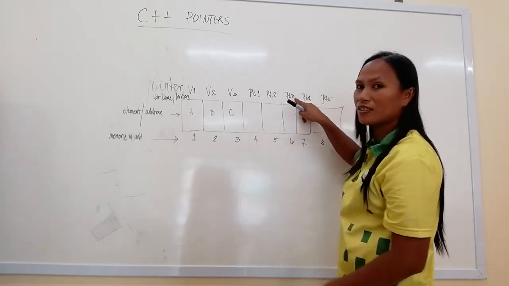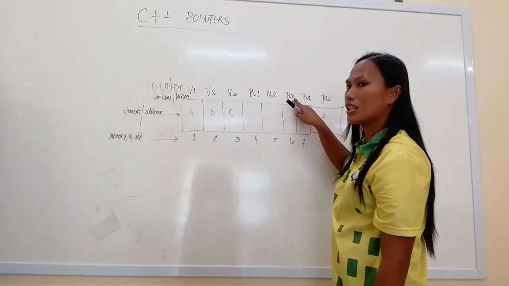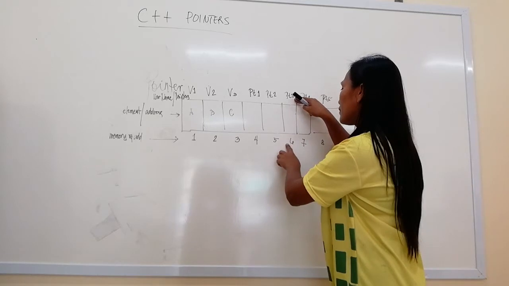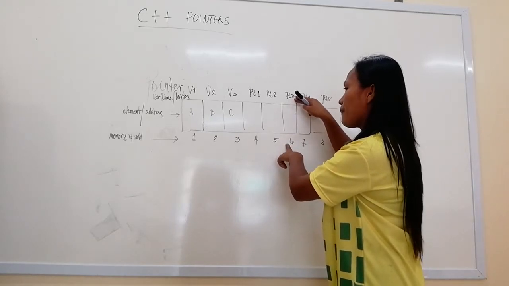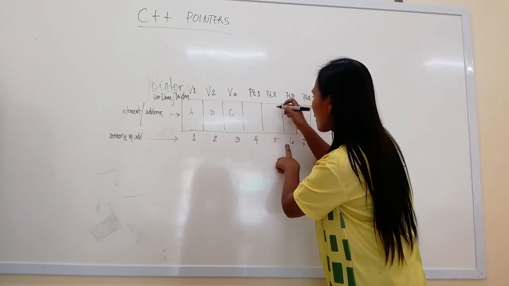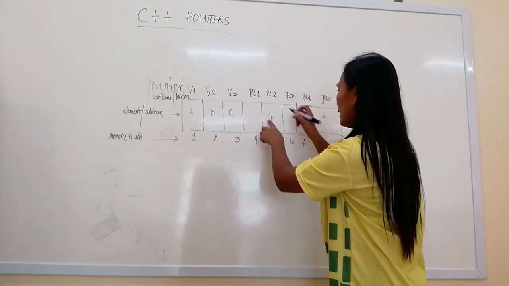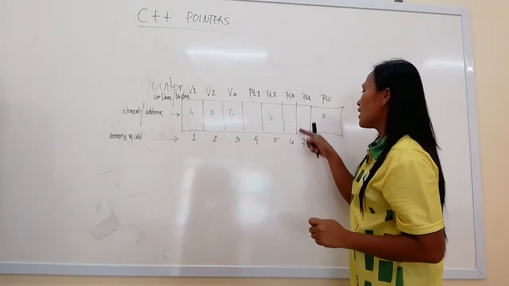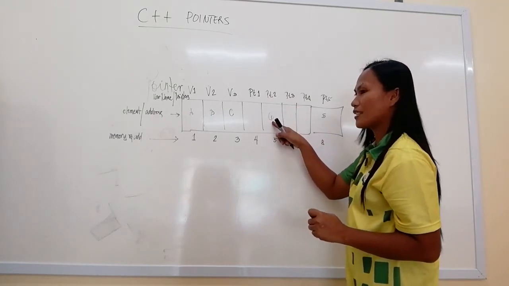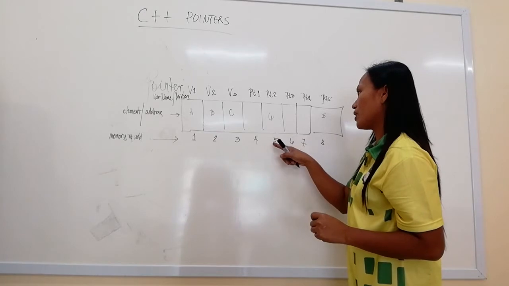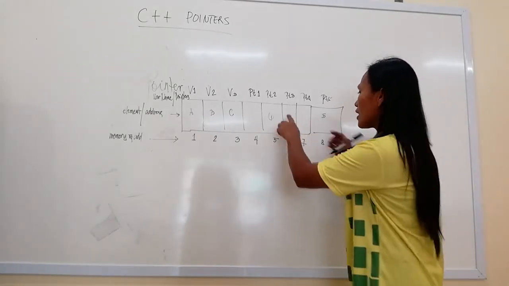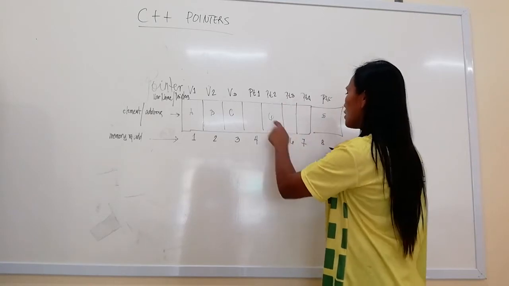So, where is pointer 3? Pointer 3 is located beside pointer 2, which has the memory address 6. So, we have to indicate 6 here. Then, pointer 2 is pointing to the address 6, which is located in memory address 5.